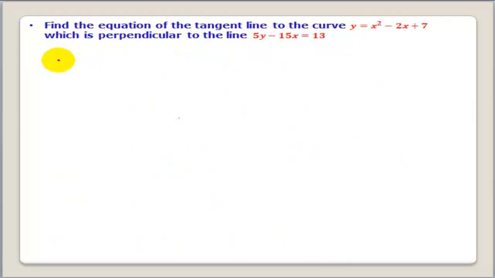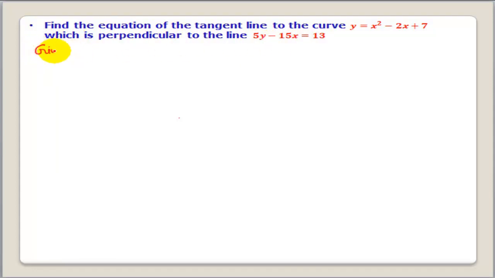See the next one, children. It is about finding the equation of the tangent line to this curve which is perpendicular to the given line. We know when two lines are perpendicular, the product of their slopes comes out to be -1. So let us first evaluate the slope of the given line.